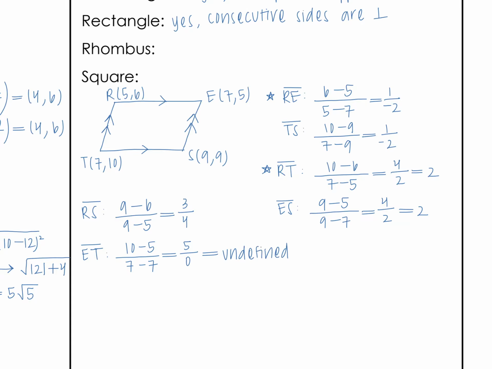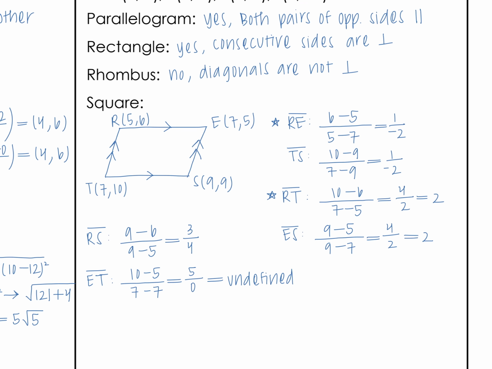And so these two slopes are not perpendicular, so therefore this is not going to be a rhombus. Which gives me my answer for if this is a square or not, which it is not, because it is not a rhombus.